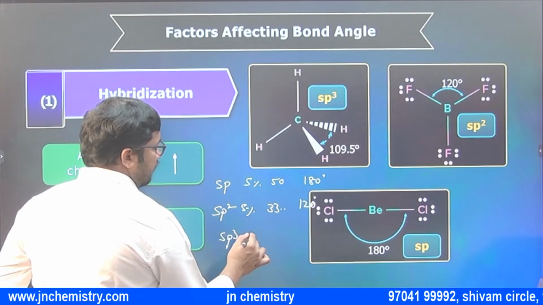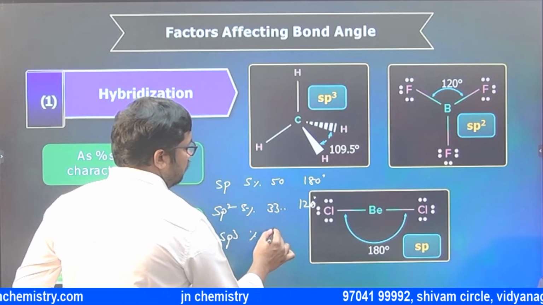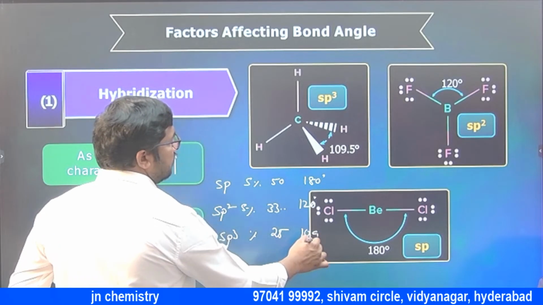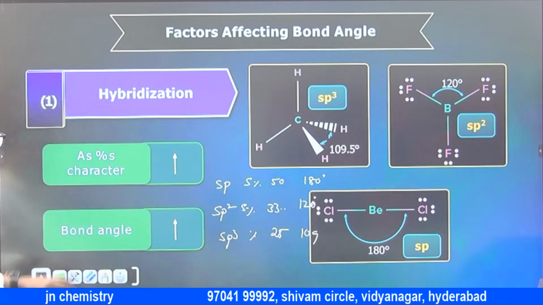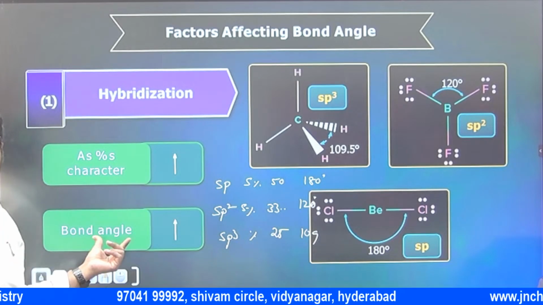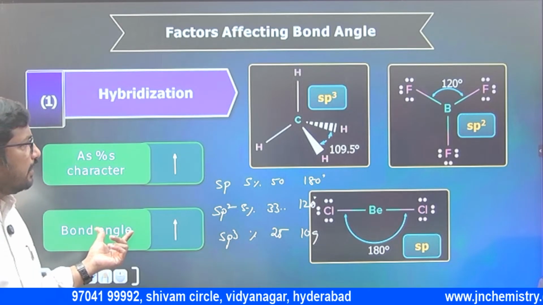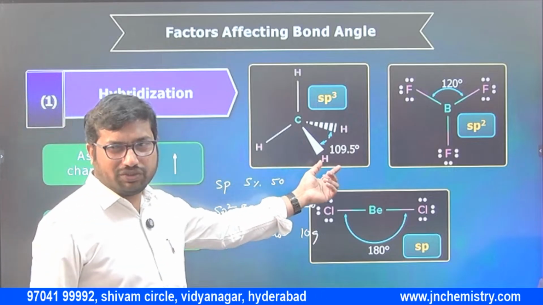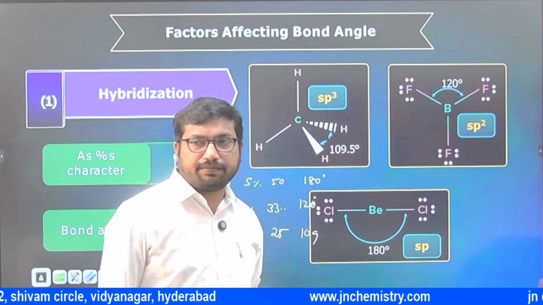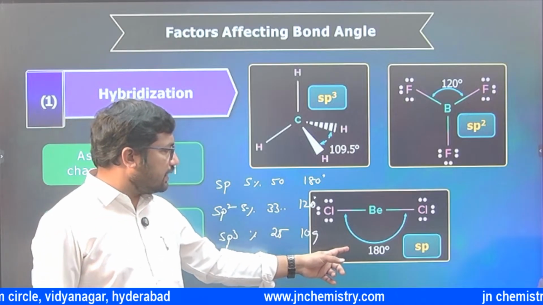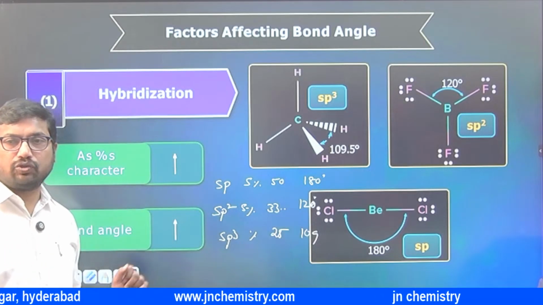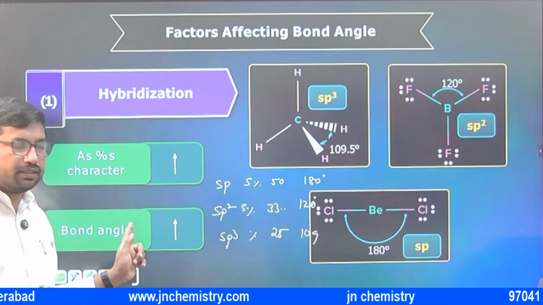SP3, percentage of S character 25, here it is 109 degrees something. When the percentage of S character decreases, the bond angle decreases. SP3 is 109 degrees 28 minutes, SP2 120, and SP it is 50%, 180 degrees. So write this point: percentage of S character increases.